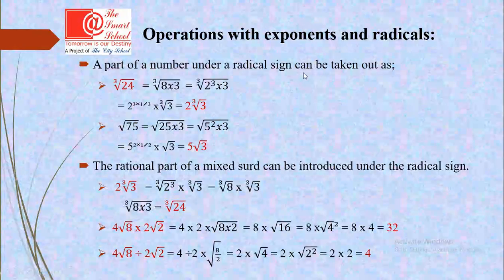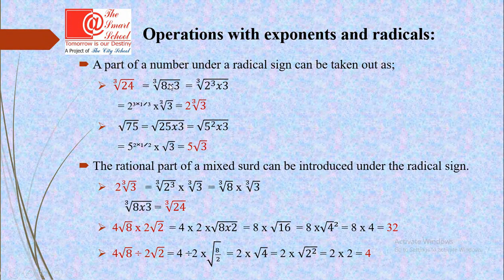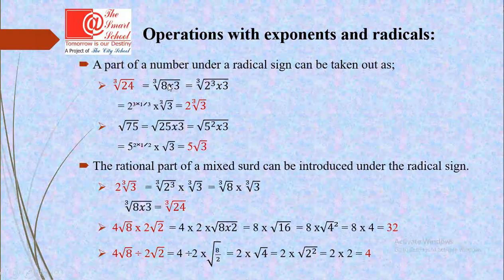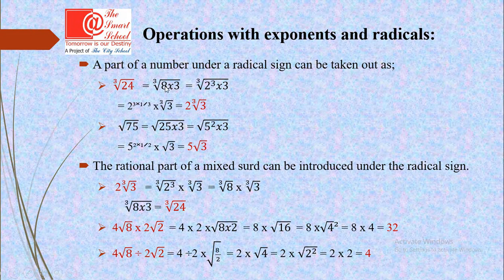Now more operations with exponents and radicals. A part of a number under a radical sign can be taken out. Like this, 24 radical of order 3. We can break 24 in this form, 8 multiplied by 3. Why have we changed it to 8? Because 8 is equal to 2 power 3.